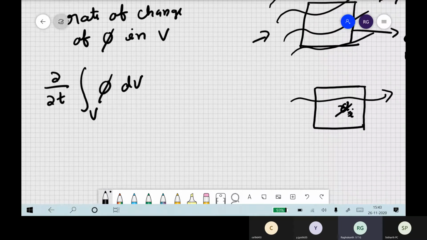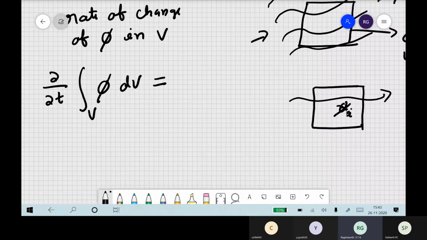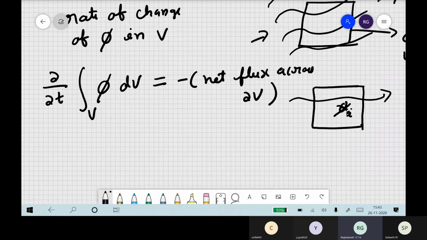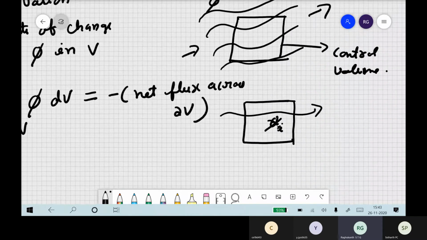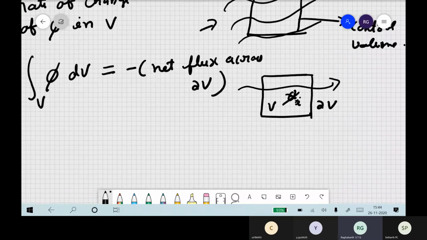So this we can write as the net flux actually, okay, so this depends on the net flux across the boundaries. Okay, so this is how it says. So we have a boundary which is denoted by dou v. So we have inside v. So how much fluid is flowing in this. So it depends on what is the rate of change of phi.